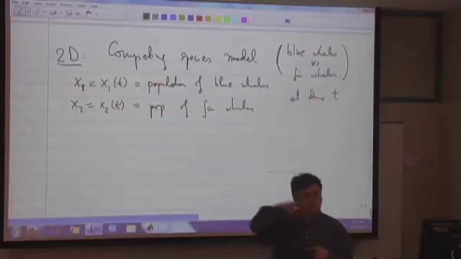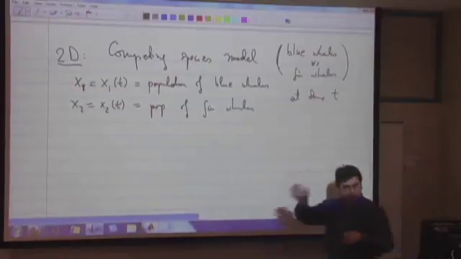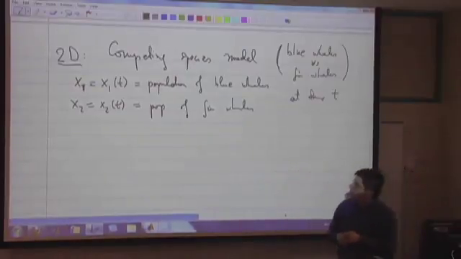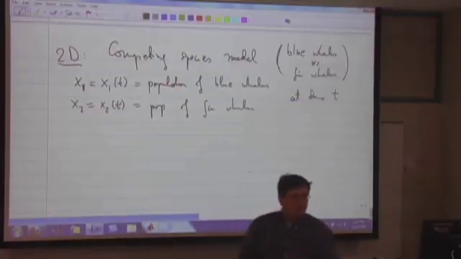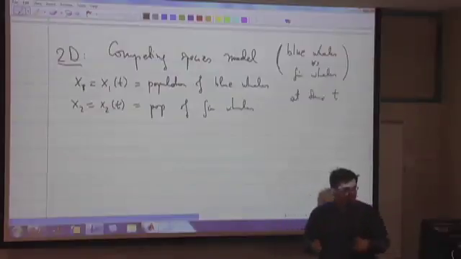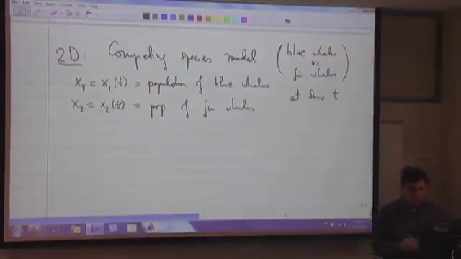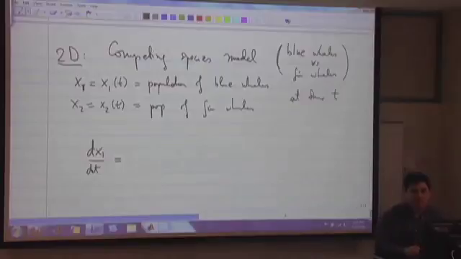So there's going to be an approximation to say that over that large period of time, these variables can be considered continuous. So when we talk about a rate of change, we can talk about a derivative. And not only that, but we can think about each population having a sort of logistic growth.